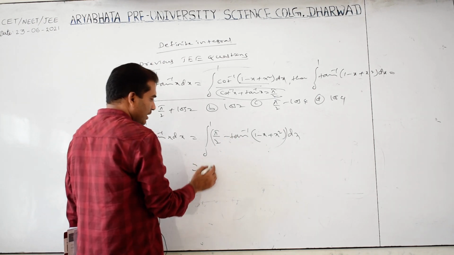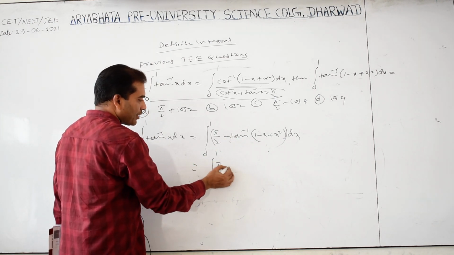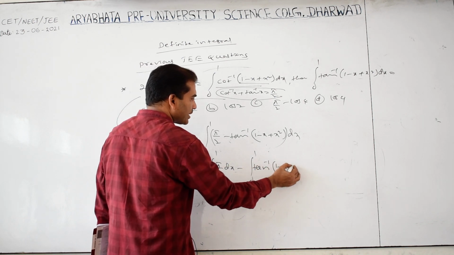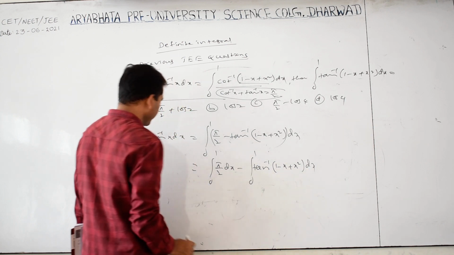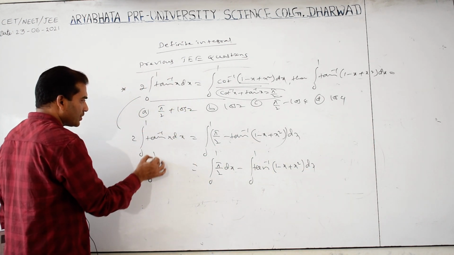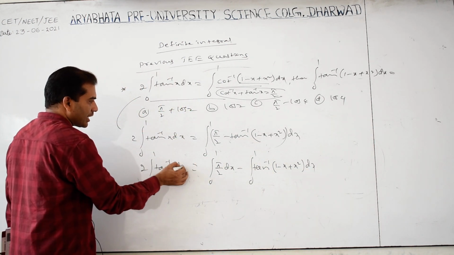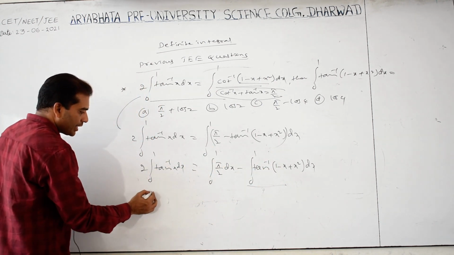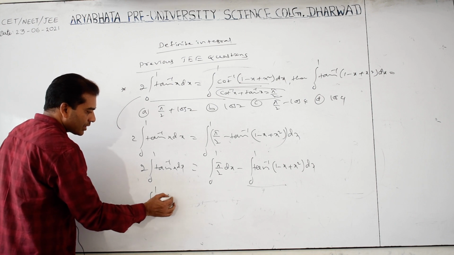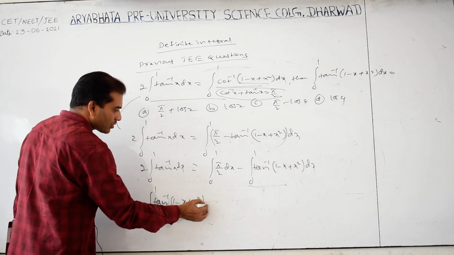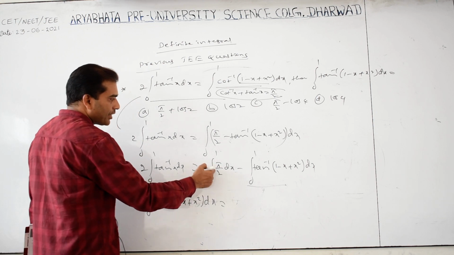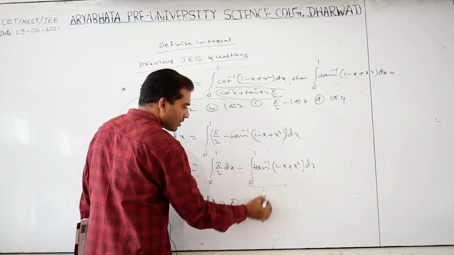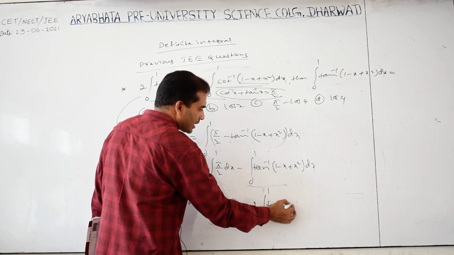We want the integration of 0 to 1 pi by 2 dx minus the integration of 0 to 1 tan inverse of 1 minus x plus x square dx, equal to 2 into the integration of 0 to 1 tan inverse x dx. So we transfer this side: the integration of 0 to 1 tan inverse of 1 minus x plus x square dx equals pi by 2 minus 2 into the integration of 0 to 1 tan inverse x dx.